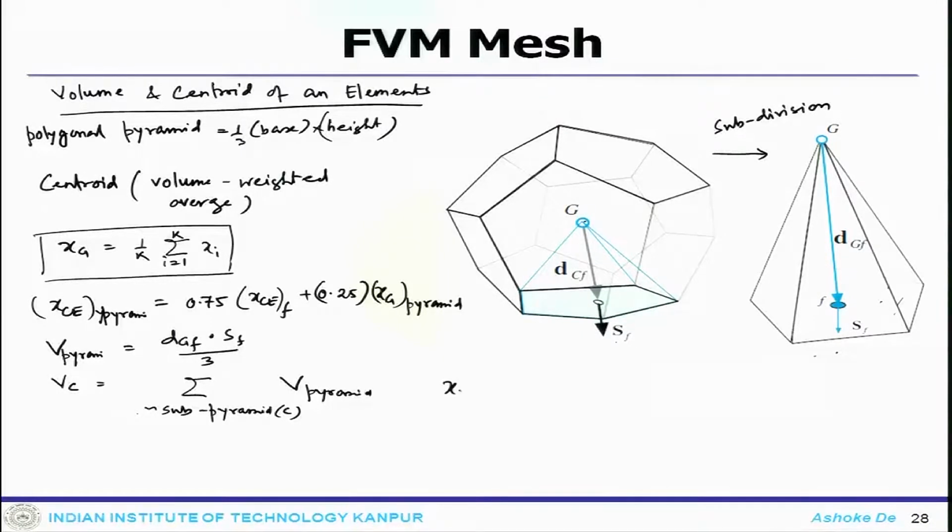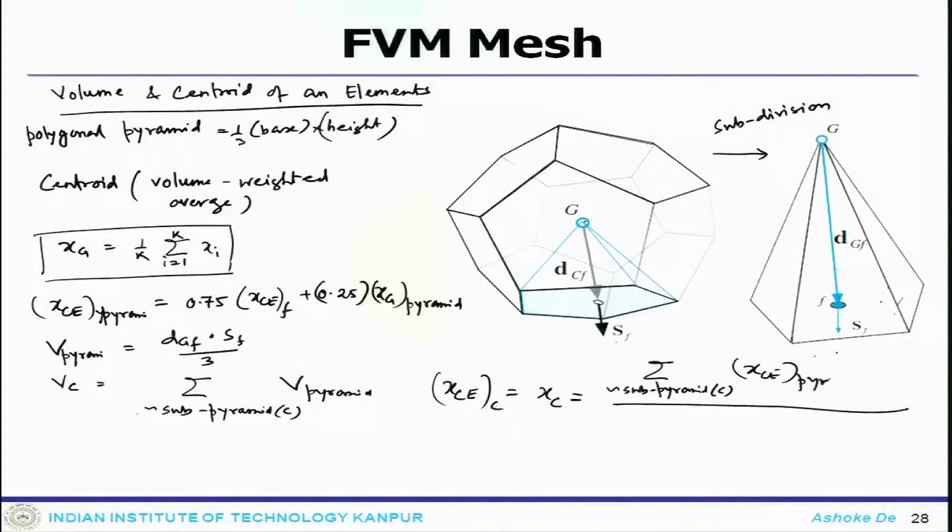And then you can get your XC, and that would be the summation over the sub pyramids of XC pyramid into V pyramid divided by Vc.